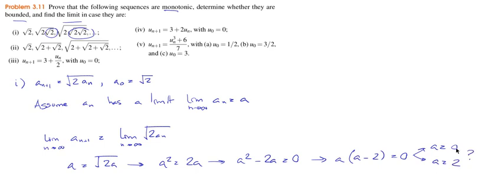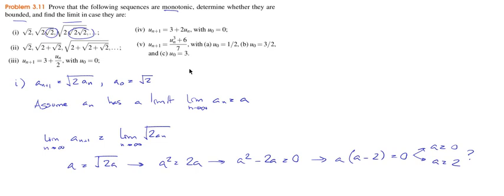But which of the two is the limit, if there was a limit? If a sub n had a limit, it could only take these two possible values, 0 and 2. But we don't know yet if the sequence has a limit, and we will see some examples that don't have a limit.